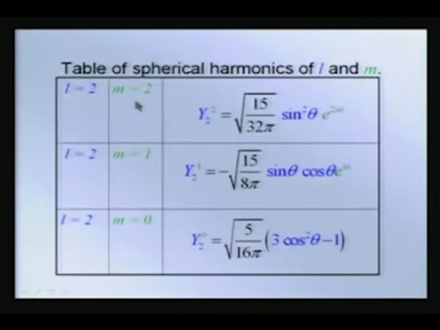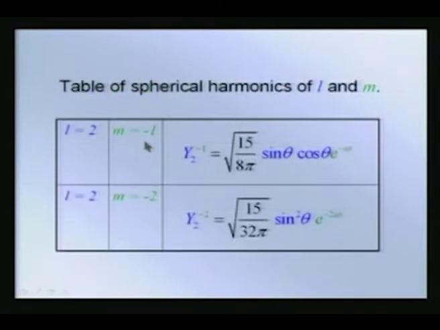For m equal to 2, the phi dependence is e to the 2i phi. It is Y 2,2. The subscript is 2, the superscript is 2 corresponding to m. The superscript here corresponding to m is 1, Y21, corresponding to the m value, the exponential here, that the phi function is e to the i phi. Y20 does not contain any exponential phi, it is independent of phi.